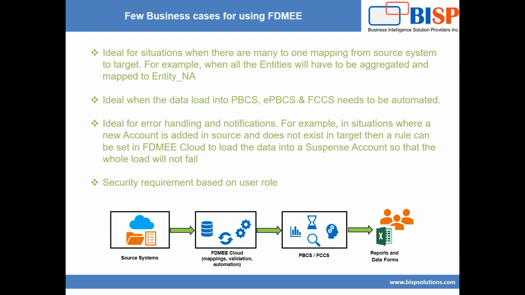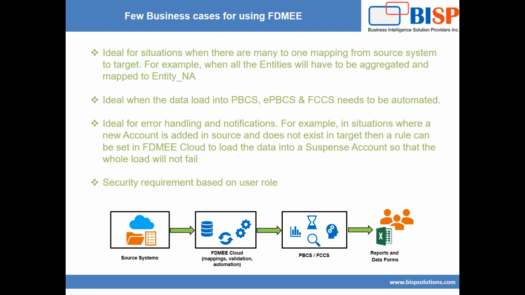In such cases, I can dynamically map them to a suspense account and get the load done, and then later come and check what data got loaded into the suspense account, drill through and back, go through the source files and see the exact records which came into the suspense account. Based on that, add the mapping. What it helps is, it allows your load to be smooth. Even though you have new account members coming in the source file, the load will still be successful without failing, even though you don't have mappings in the system.